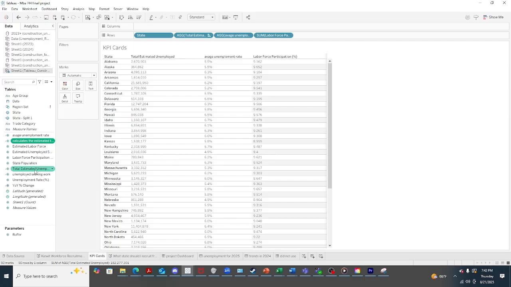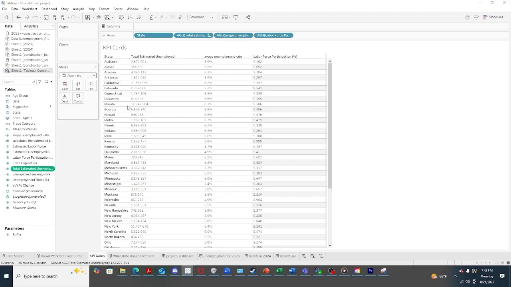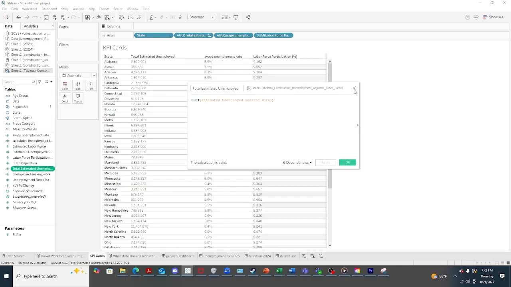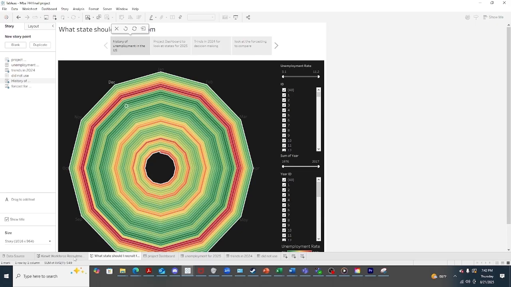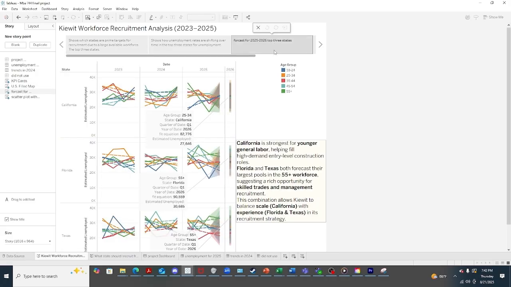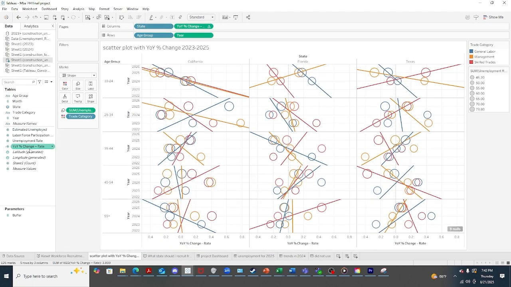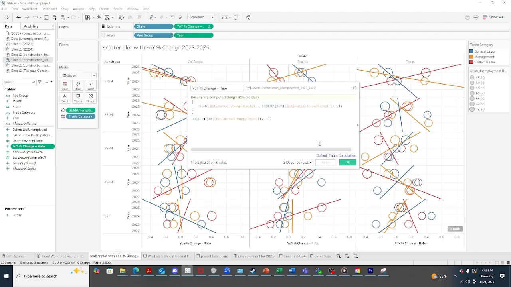And then here's also my total estimated unemployment. And then let's go to the other one. Here, if I go to my sheet, we can see our YOY change. Right here are my calculations for that.